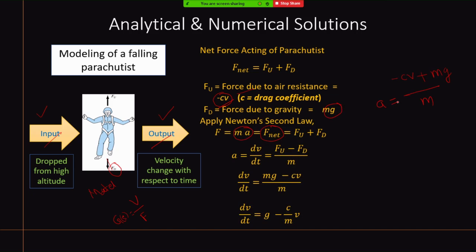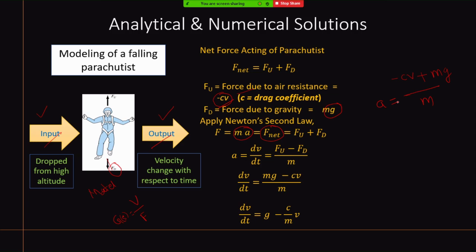And this acceleration I can write as dv by dt, that is the change in the velocity with respect to time. So I can write mg minus cv upon m, and then I get one equation: dv by dt is equal to g minus c by m into v.